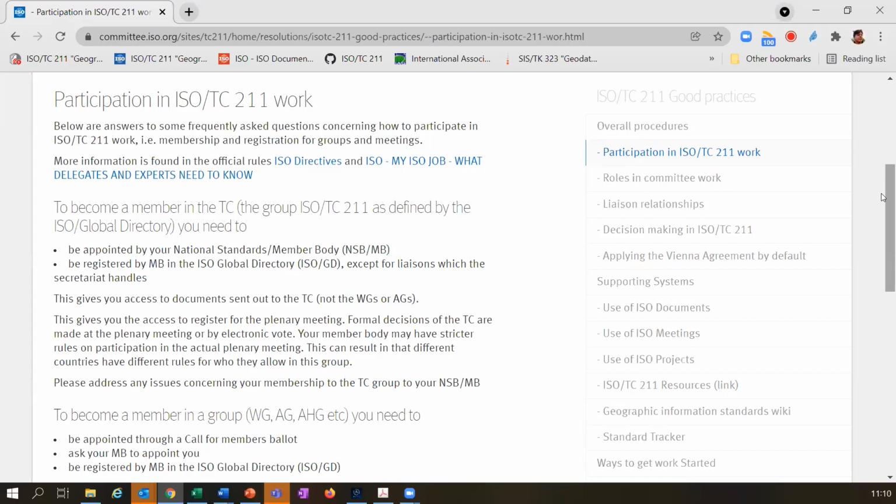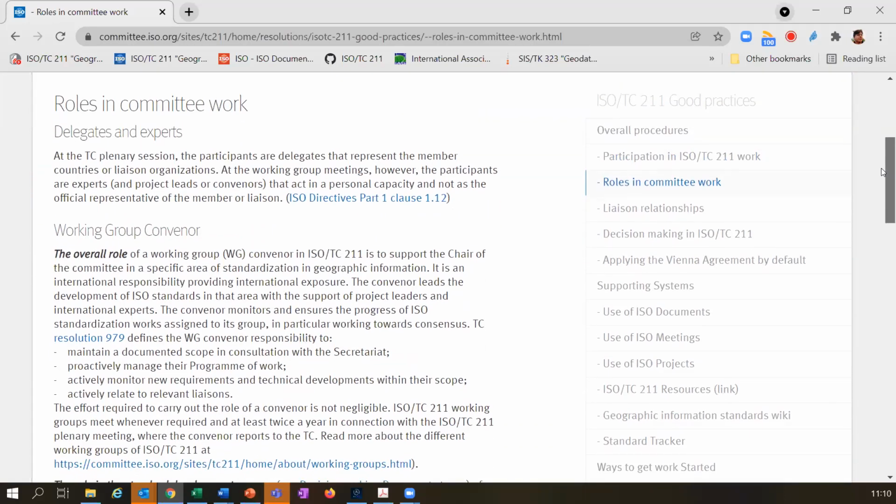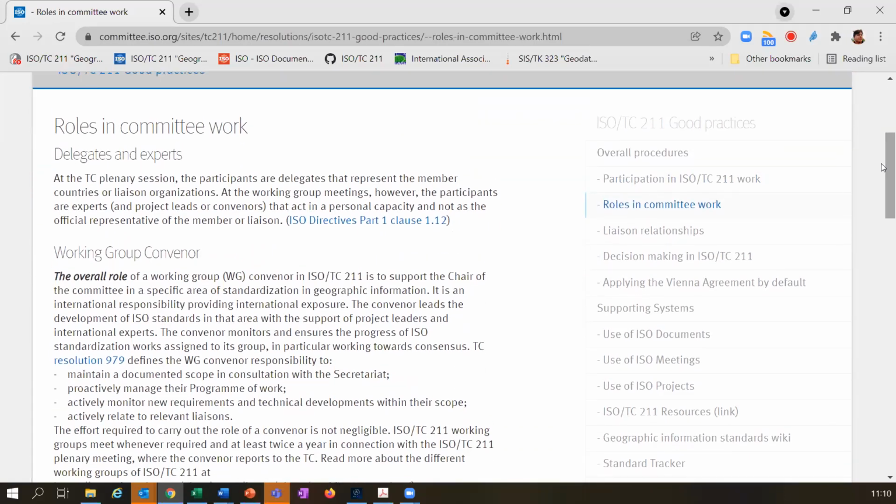Also a little bit about expectations. What's expected of me when I come in and want to be a part of ISO TC211? That ties into the next page here, which we have called the roles in the committee.